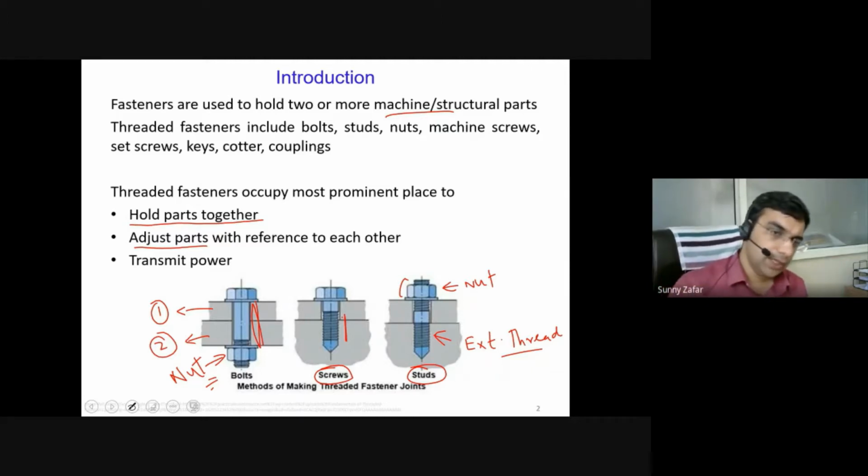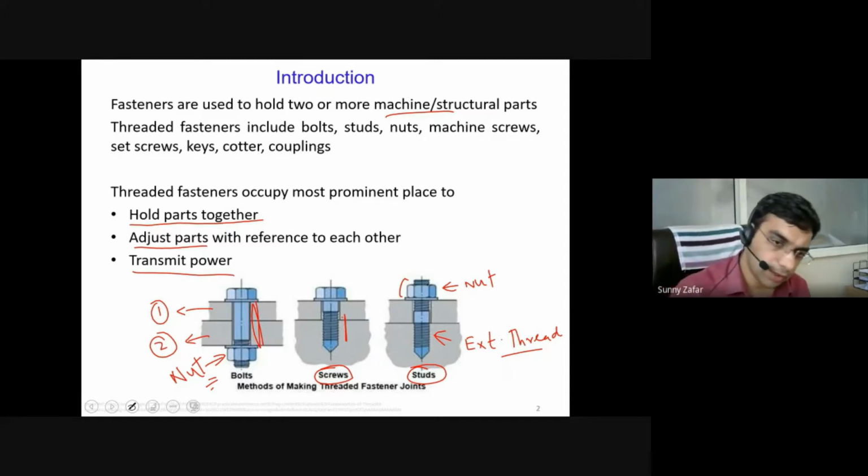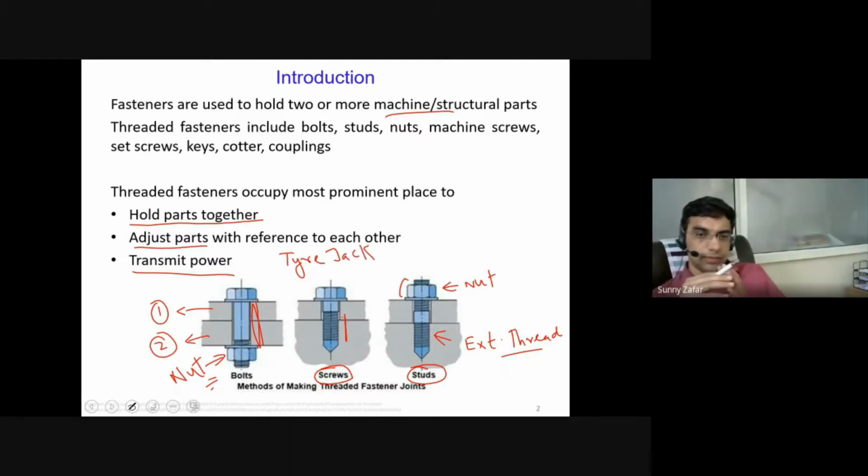Then, to transmit power. This is very important. We have a special category of threaded fasteners which are also useful to transmit power. If you have driven a vehicle or a car, you know the importance of a tire jack. The tire jack is a very important tool which comes into play if you want to fix a punctured tire.